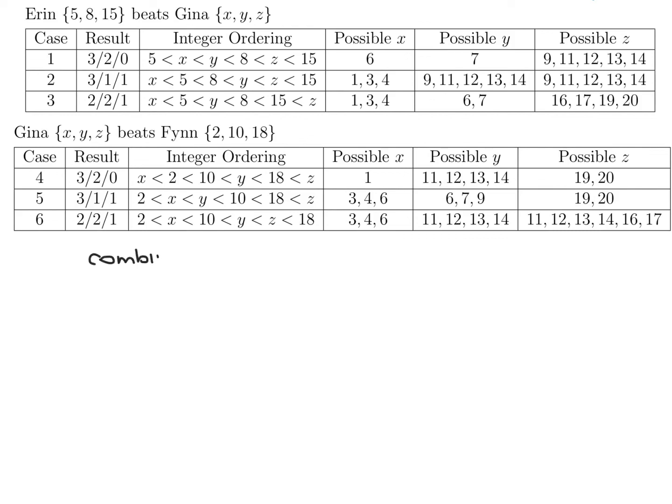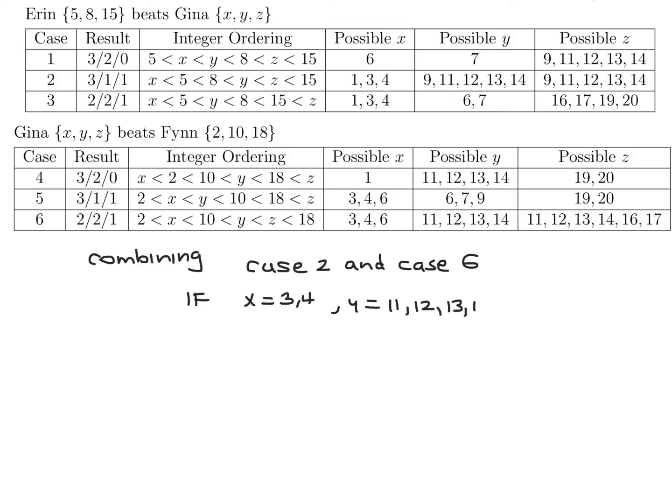So combining, you'll see that case 2 and case 6 are consistent. And that is when X is either 3 or 4, Y is 11, 12, 13, or 14, and Z is one of 11, 12, 13, or 14.